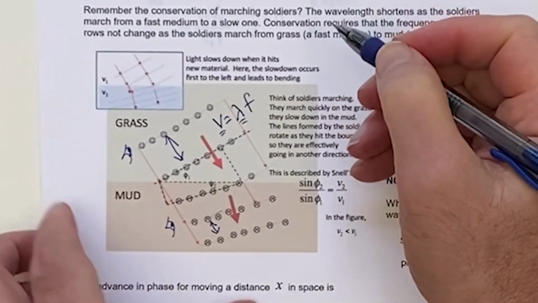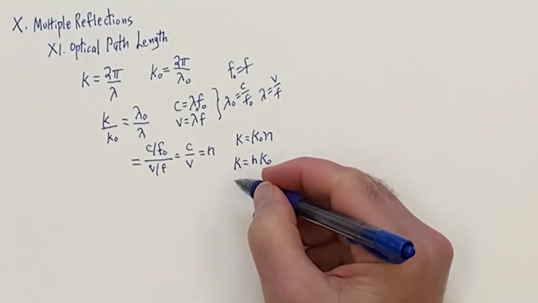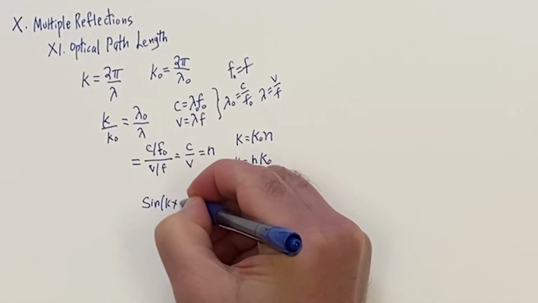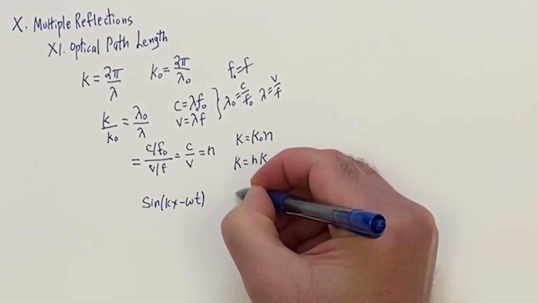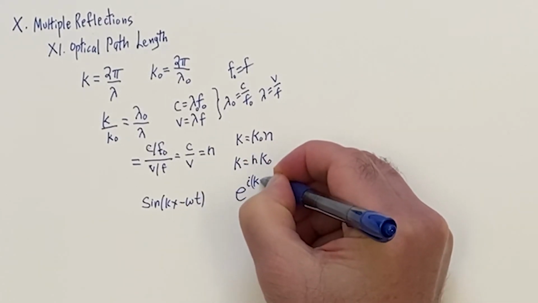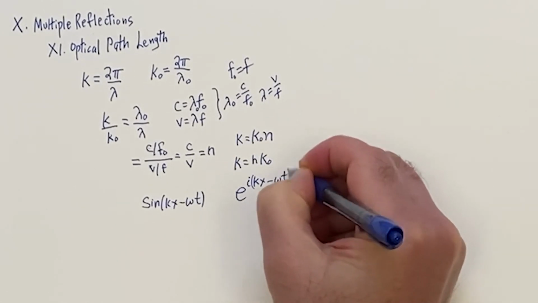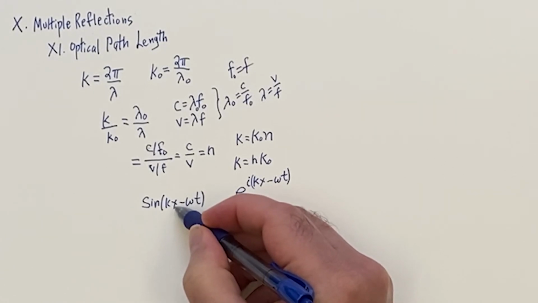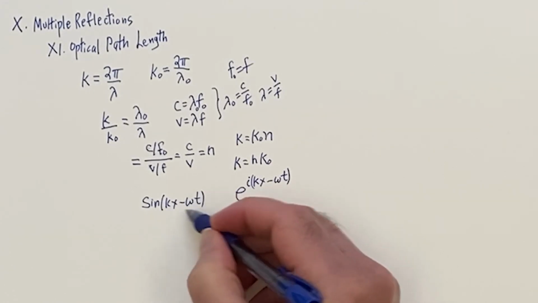So this is important because when you have something like the sine of kx minus omega t, or some general e to the i times kx minus omega t, when you go a certain distance, this is going to change your phase.